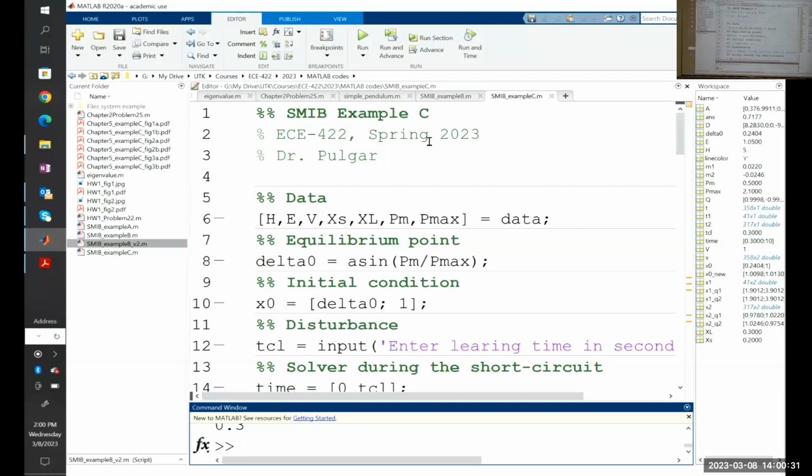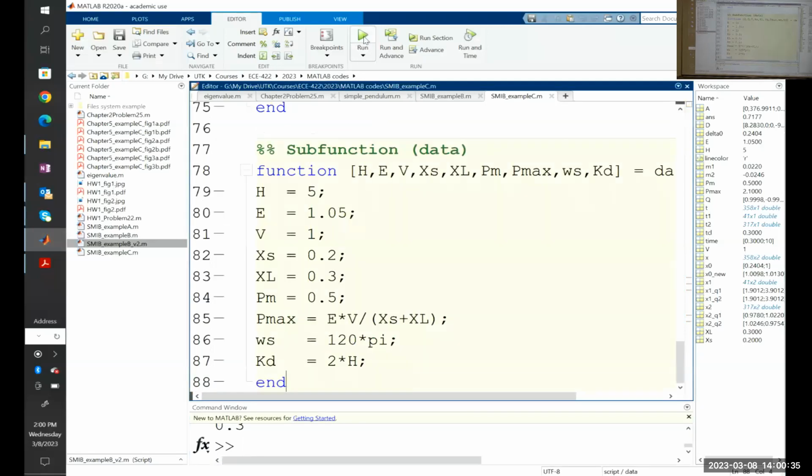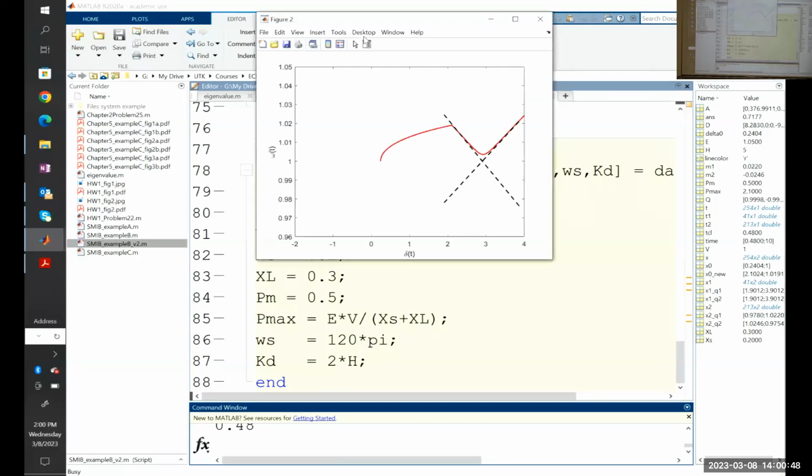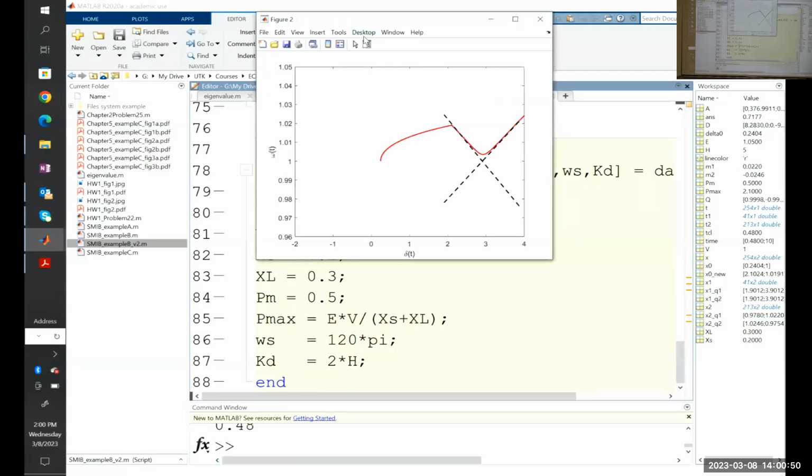So what I'm going to do here, we're going to simulate. What was the clearing time? 0.48, I think. 0.48 second. And that's the case.